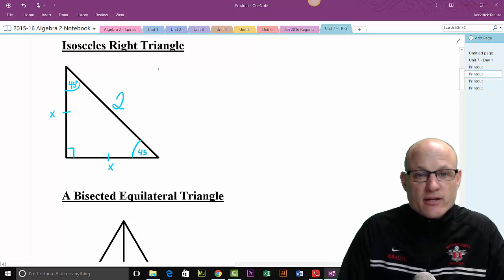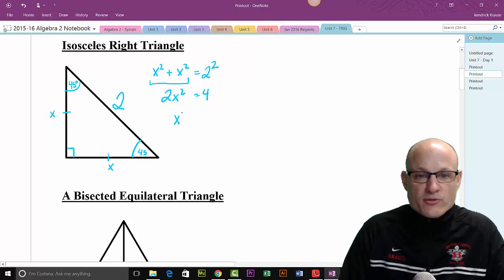So I can use the Pythagorean theorem, x squared plus x squared equals 2 squared. Or 2x squared, because when you add these two up, you get 2x squared is equal to 4.